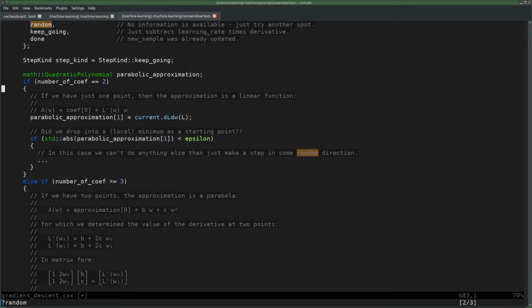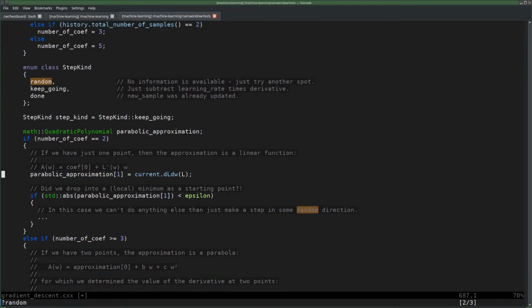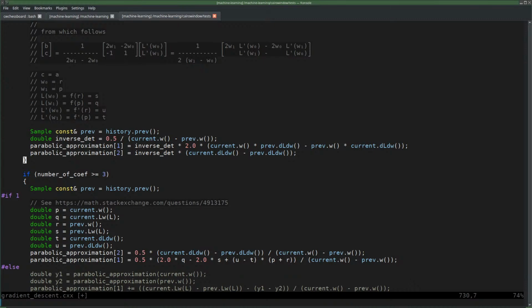So that is something that I should be doing here because, well, we drop in a local minimum, we don't know anything, just continue with some random step. But then after leaving this scope, we must get to the end, and I'm not sure that happens. So I'm going to have to test step kind again, I think.